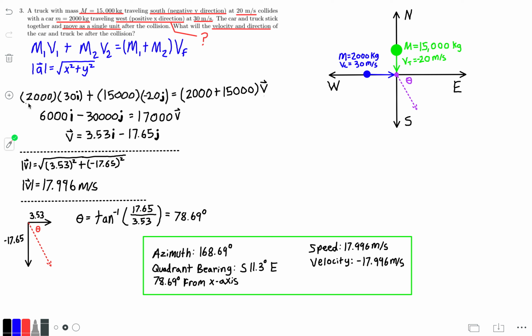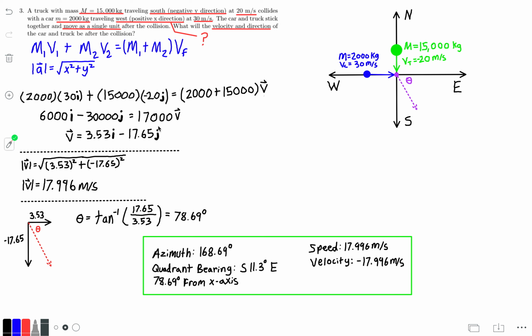And since the car is traveling in the x direction, I've denoted it as being i, which commonly stands for the x direction in unit vectors. And here we have our j direction or y direction for our truck, and here we have our masses added together and our velocity vector over here.